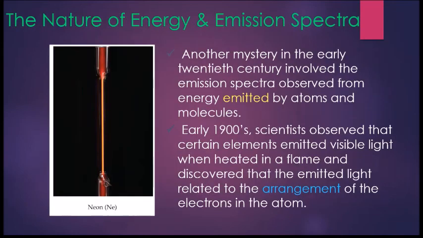Now, for emission spectra, they were being studied a lot in the early 20th century, early 1900s. Scientists were observing how different atoms and molecules were emitting light, emitting energy. Now, this is the gas tube setup, and you're going to see it in the flame test lab as well.